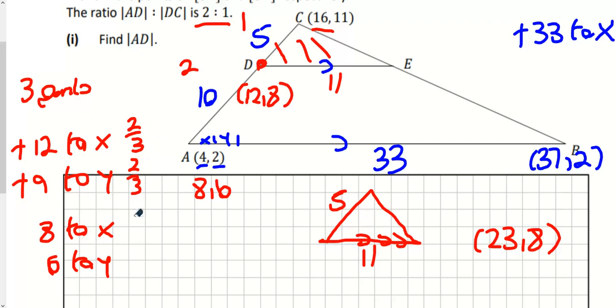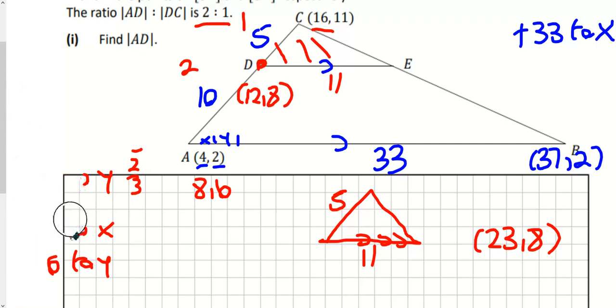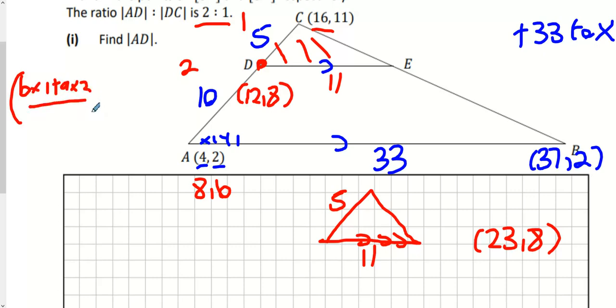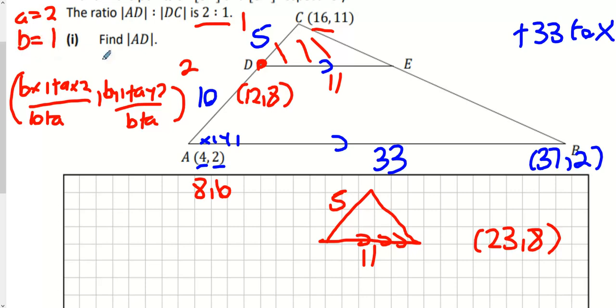Some people would prefer to use the formula on the bottom of page 18. The formula on the bottom of page 18 reads something like this: bx1 plus ax2 all over b plus a, and by1 plus ay2 all over b plus a. Let's do a is 2, b is 1, let's do it in alphabetical order.